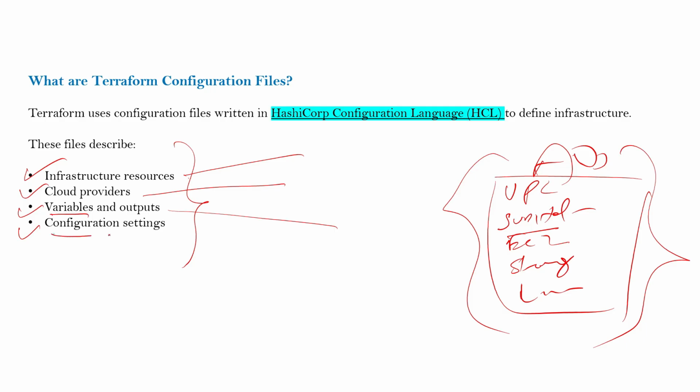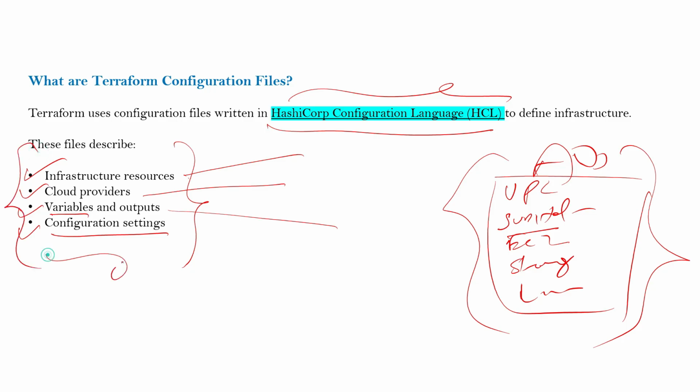Along with that, we do the multiple configuration settings. That means HCL is a language whose format we use to create the different configuration files for creating different sets of resources in cloud environments.